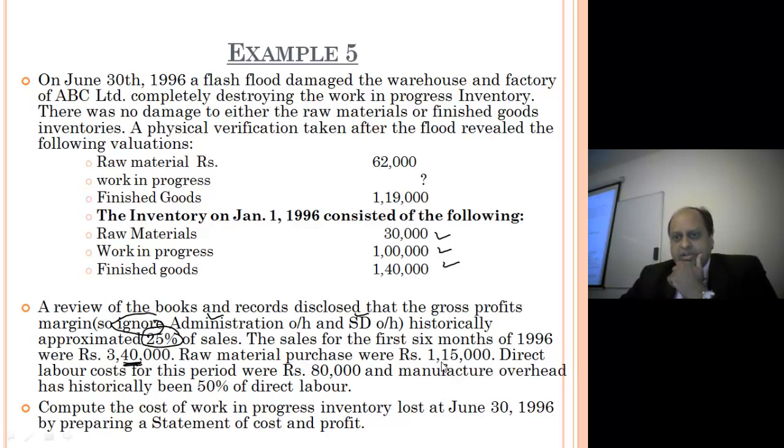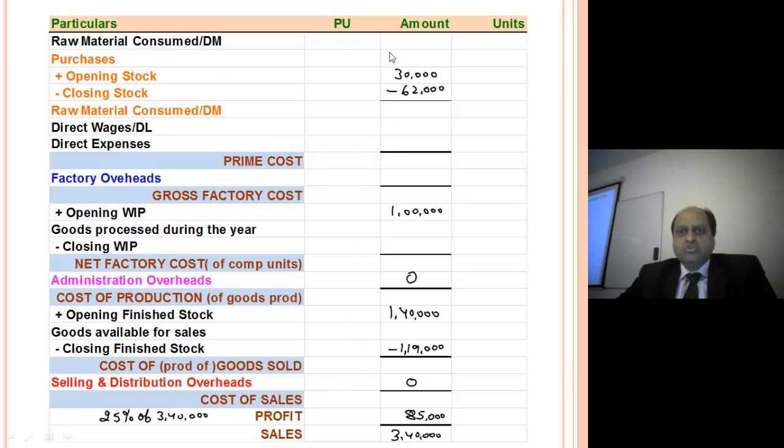Now further it says raw material purchased is 1,15,000 and direct labor cost is 80,000. Nothing said about direct expense, so as usual you can take it as 0.